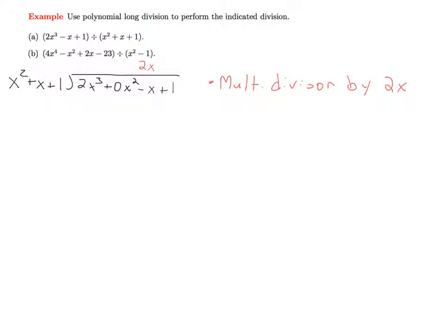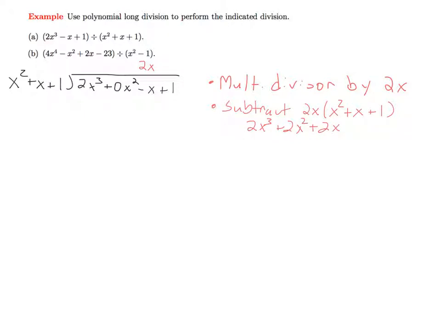And now let's compute the product. And we're going to subtract what we get when I multiply 2x times the divisor, which is x squared plus x plus 1. And so when I calculate this product, I get 2x cubed plus 2x squared plus 2x.